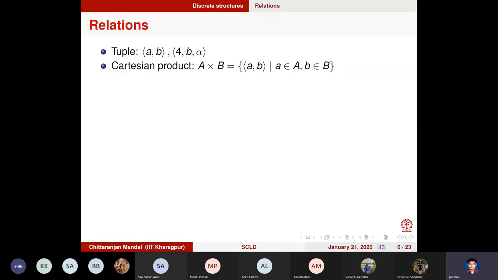So if the set A has m elements and the set B has n elements, the cardinality of the Cartesian product is m times n.